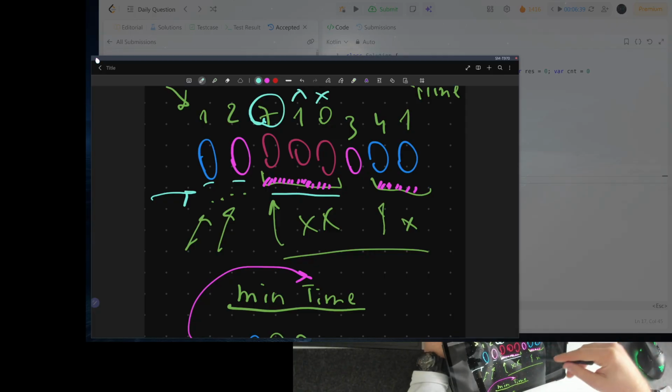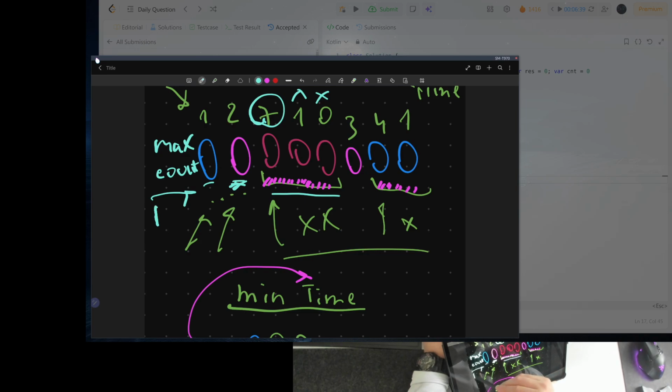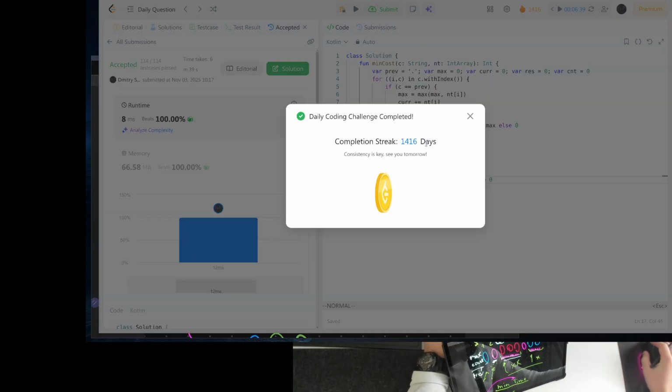So we have to have some variable for the maximum, for the count, and to compare when we have to count again from scratch, we have to keep the previous. So this is the entire algorithm.